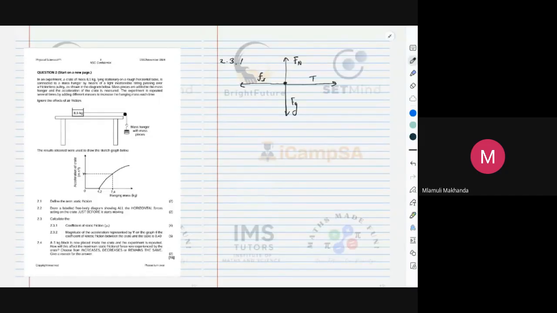So what we do here is we say, first thing you do here, F net equals ma, right? Acceleration, your mass, your net force or resultant force here.